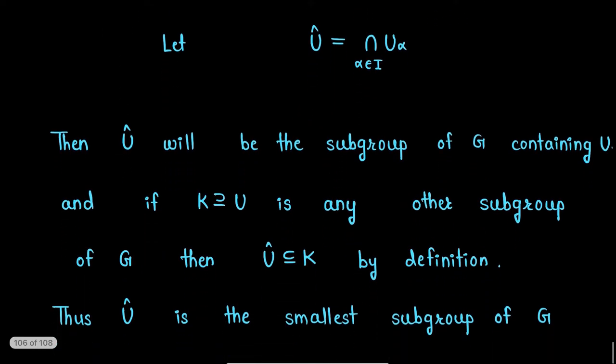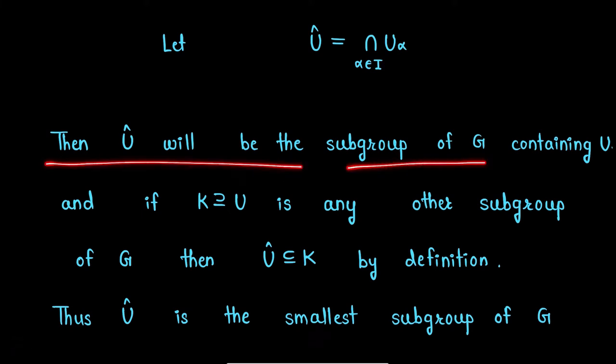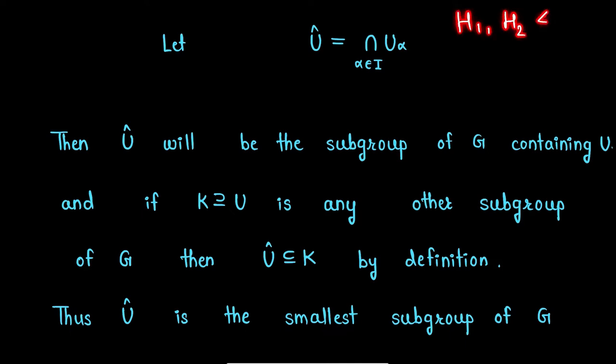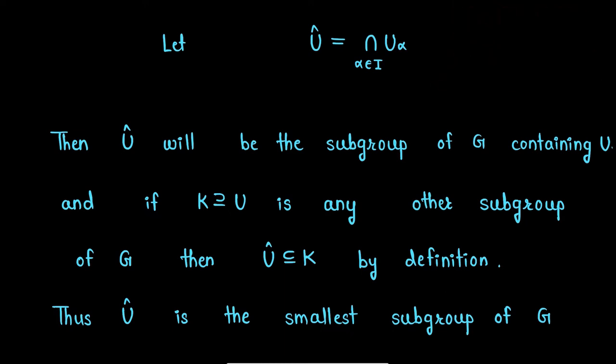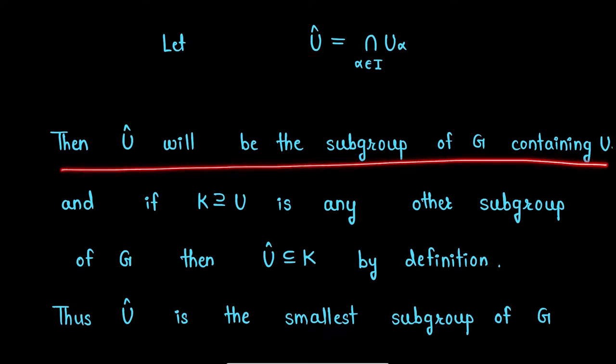Then note that this U cap will be a subgroup of group G containing U, because we know that if H1 and H2 are any two subgroups of group G, then H1 intersection H2 will again be a subgroup of group G, and we can generalize this result for any number of subgroups of group G. So here U cap will be a subgroup of group G, and since U is in each U alpha, U will be in their intersection and therefore U will be in U cap. So U cap is a subgroup of group G containing U.